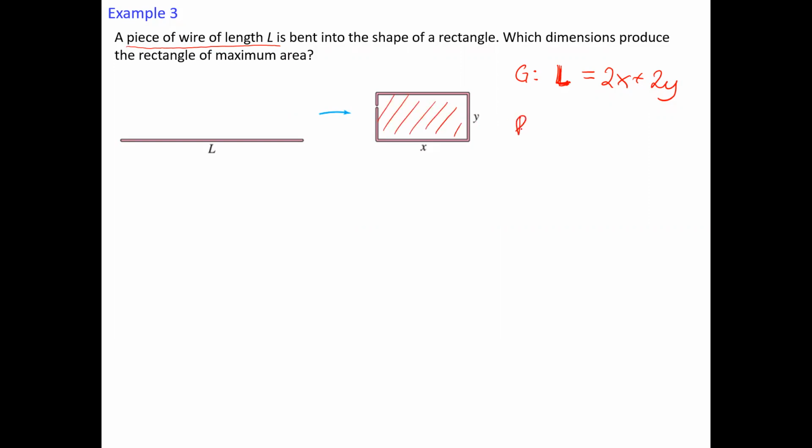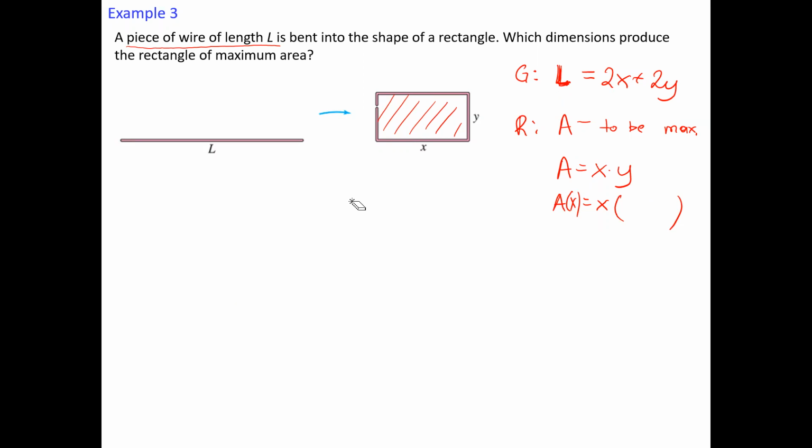Yeah? The required information is the area to be maximized. The formula for the area, and that's our function, is x times y, the area of the rectangle. And we have to solve this equation because we will need the area in terms of x. I need y in terms of x.